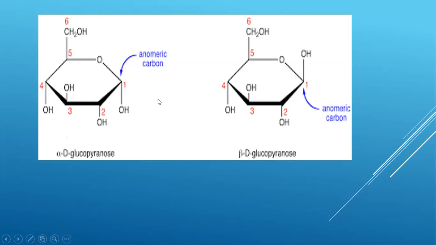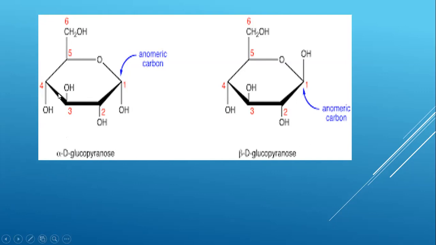And this one is beta glucose. But remember, this glucose was a D-glucose before it became an anomer. So it is alpha D-glucose, and this is beta D-glucose.